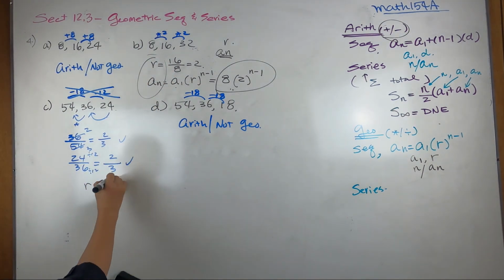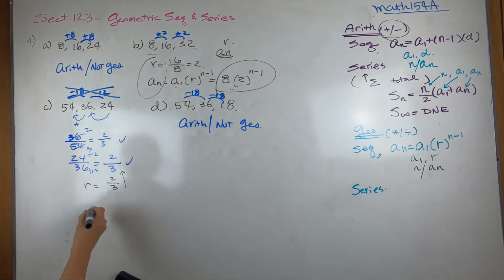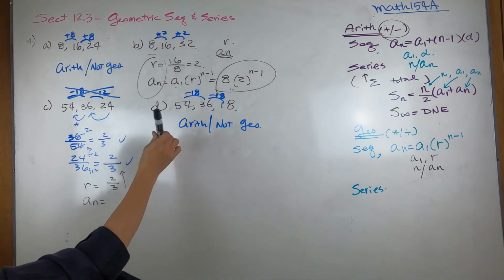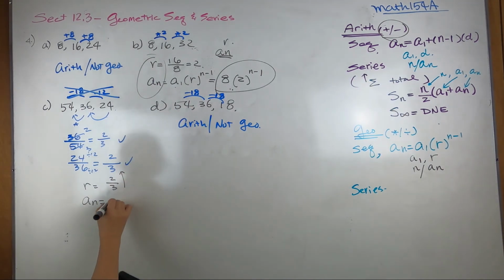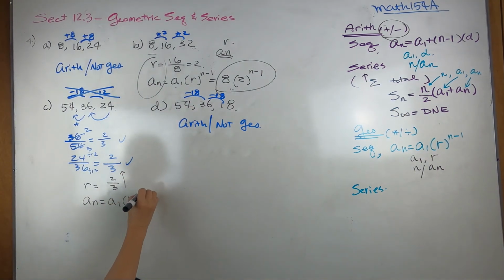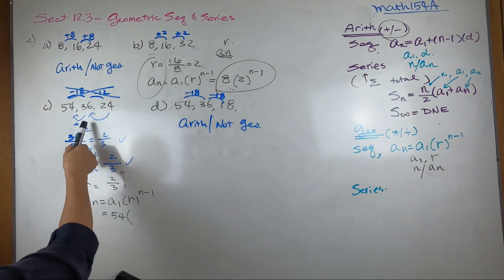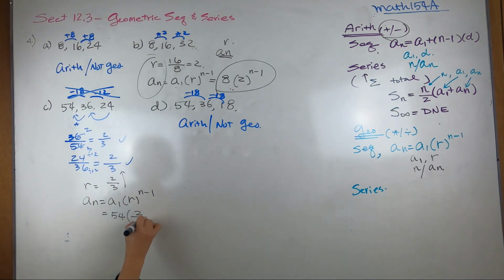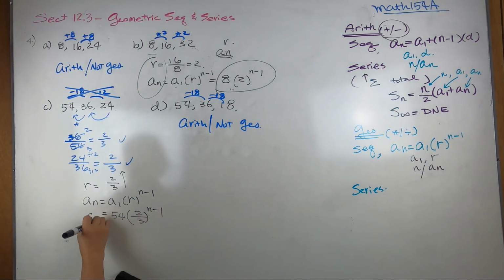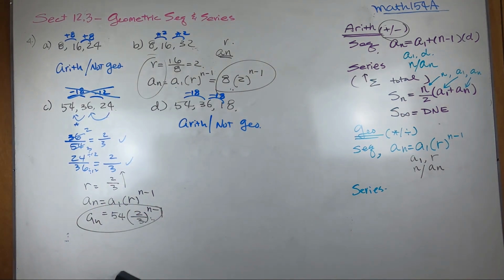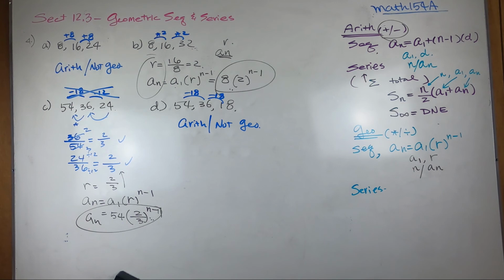So R is what? 2/3, right? AN would be what? Formula here, right? A1 times R to the n minus 1. A1 is 54, R is 2/3, right? N minus 1. So that would be your formula, right? So that would be our sequence for geo.